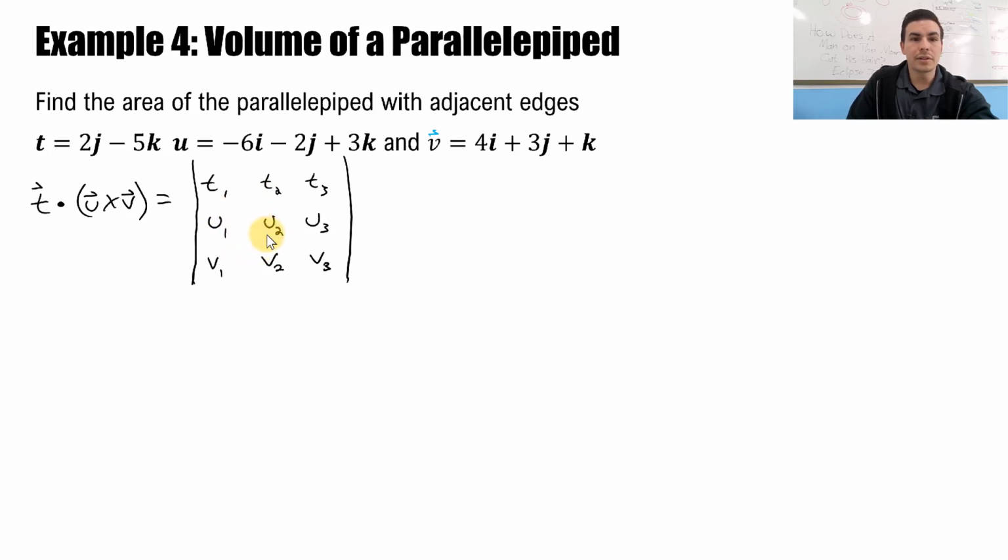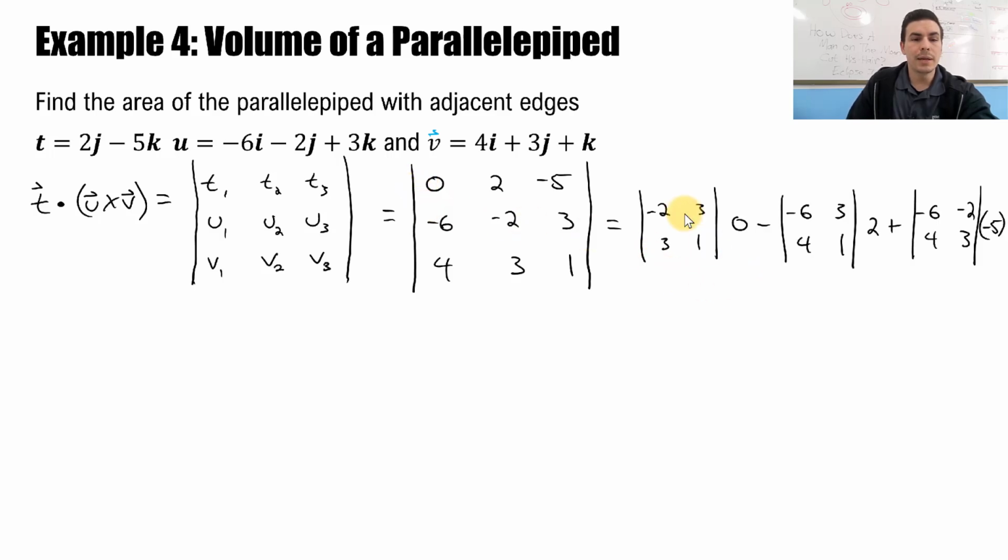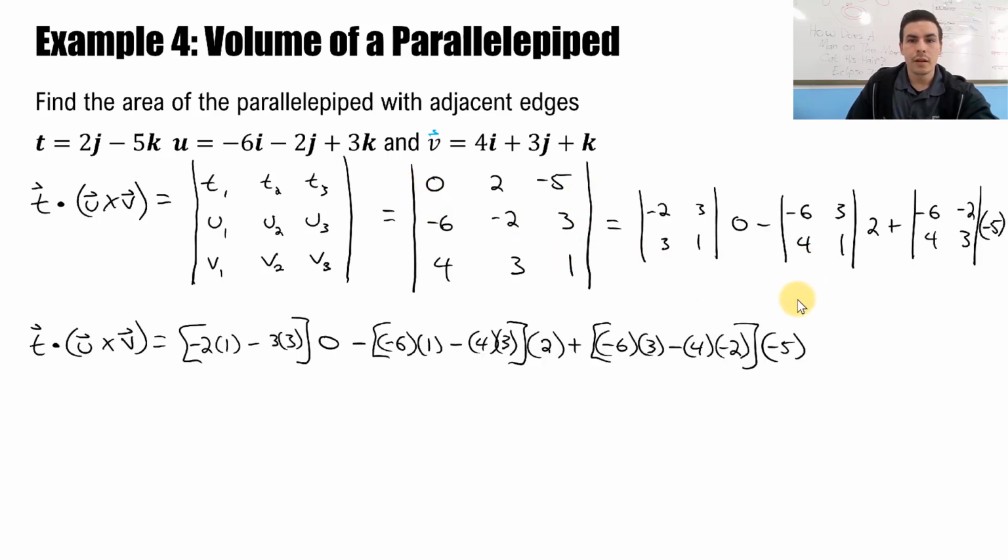So we just have our matrix here. We're going to plug in all of our components for t, u, and v. Keep in mind, I don't have any component in the i direction for t, so that's just going to be a 0 there. And then I need to take the determinant of this 3 by 3, okay, which looks something like this.